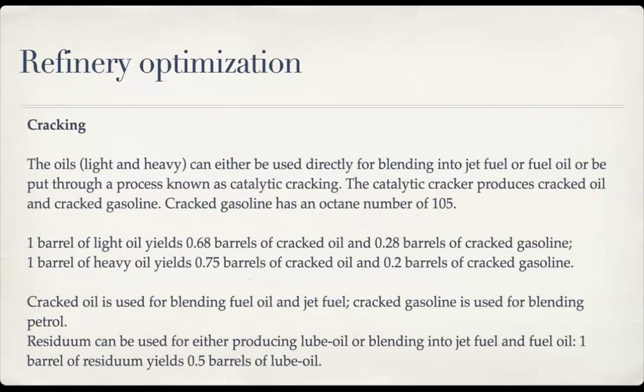We also have the cracker. The cracking process receives oils: light oil and heavy oil. The products from cracking consist of crack oil and cracked gasoline. Cracked gasoline has an octane number of 105. Crack oil is used for blending fuel oil and jet fuel.